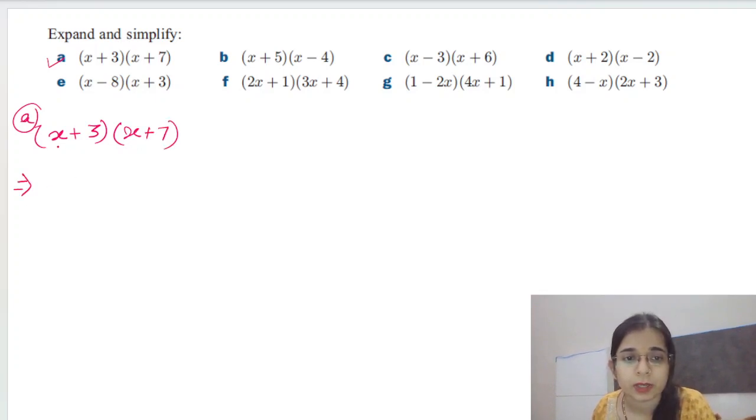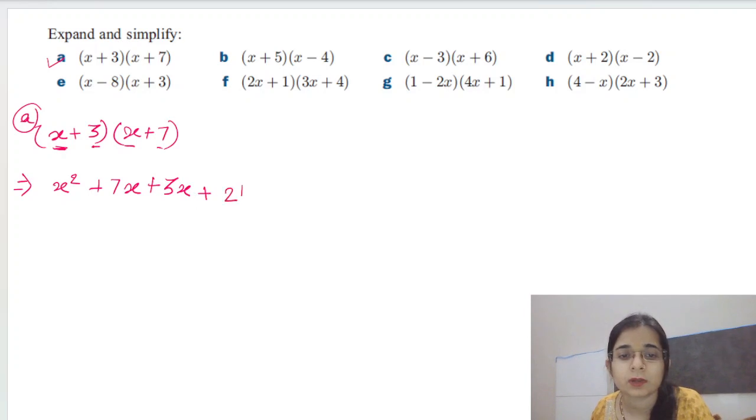So here you can see I take the first term and apply the distributive law. x into x, x square, x into 7, 7x, 3 into x, 3x, 3 into 7, 21. Okay, now moving to the B question. This was a simple one.